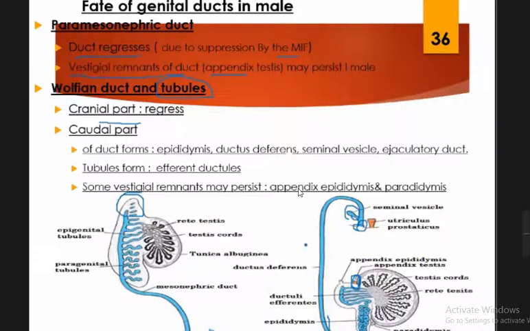We may have vestigial remnants still of the Wolffian duct in the male, and it would give rise to the paradidymis. It's just a vestige from this duct system.